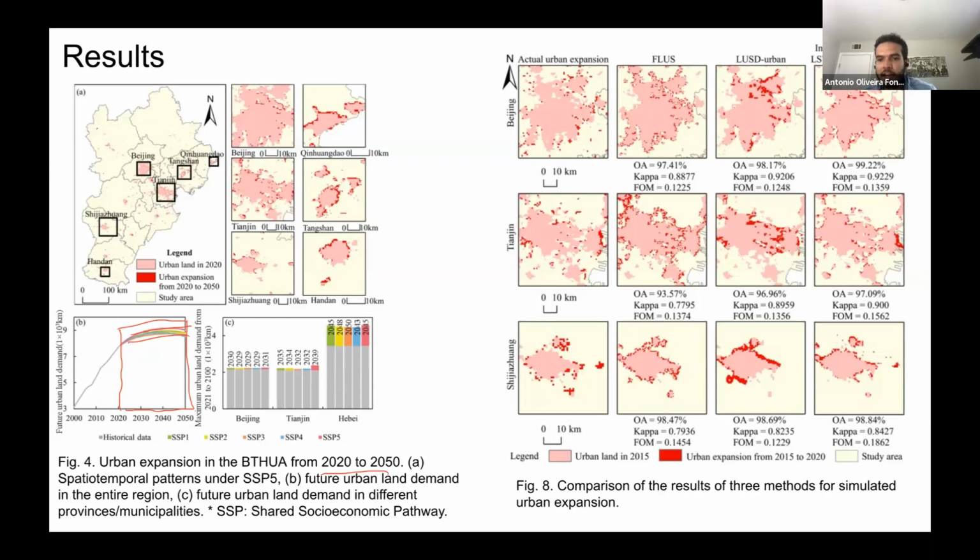And it's cool that they also compare to other methods, like this FLUS method and LSD urban method. And they report that they have better accuracy by most of the metrics that they consider against the other methods. So it's kind of cool, using two methods that are relatively simple.